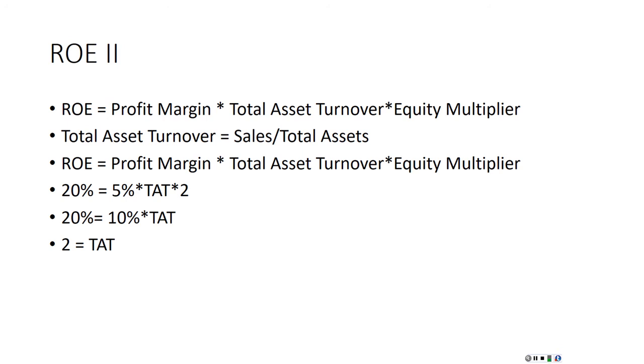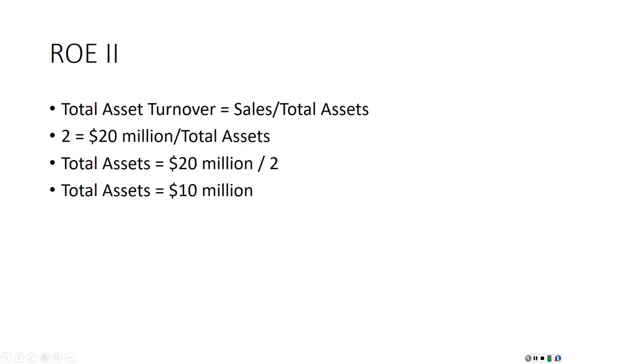So using that equation, we can determine that 20% is equal to 5% times the total asset turnover times 2, which implies that the total asset turnover is 2. Given that total asset turnover is 2 and sales are 20 million, we can then solve algebraically for total assets, which will be 10 million.